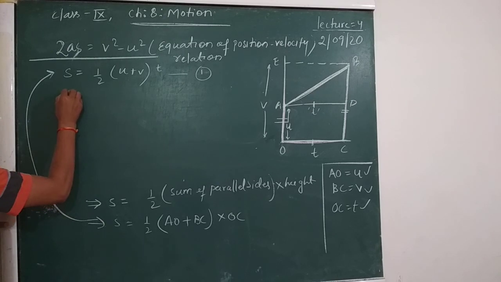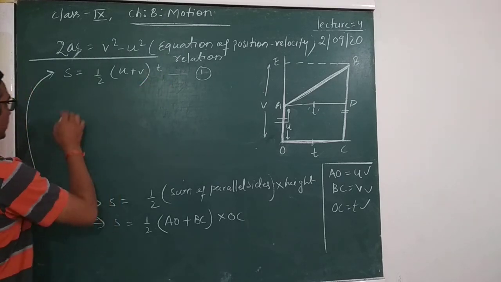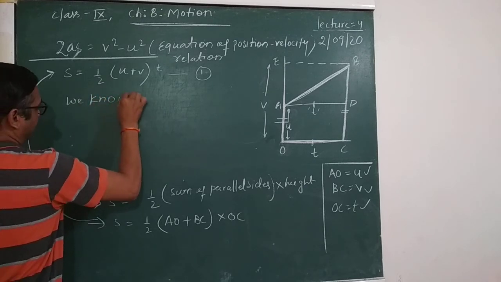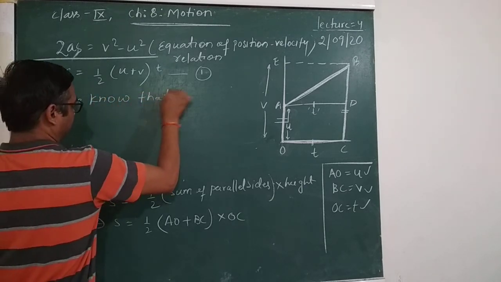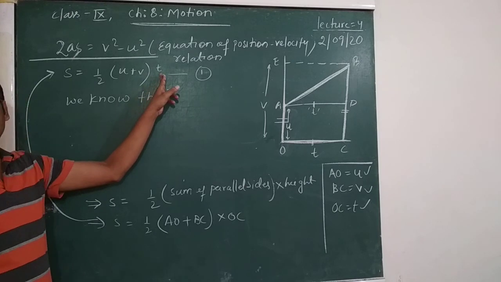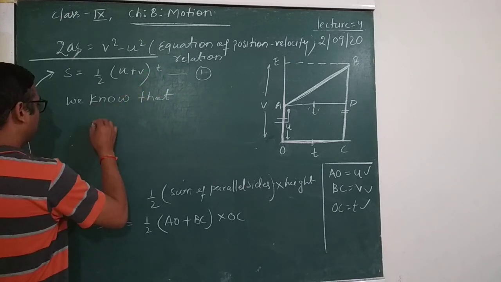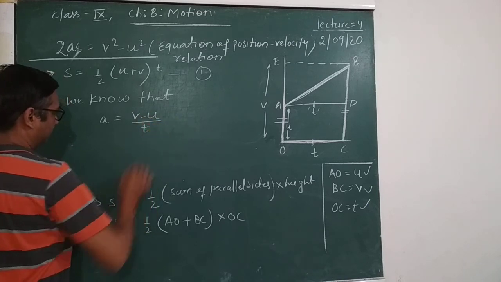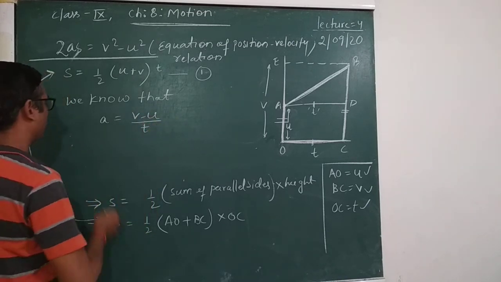So this t is there, and first we need to find its value. We know that a is equal to v minus u upon t, this is acceleration.